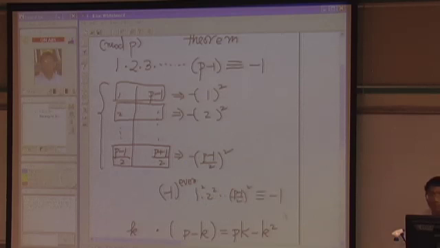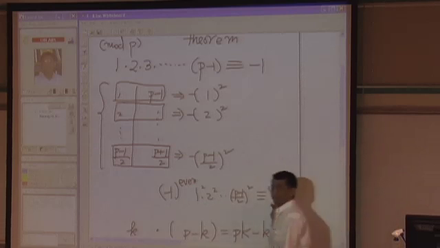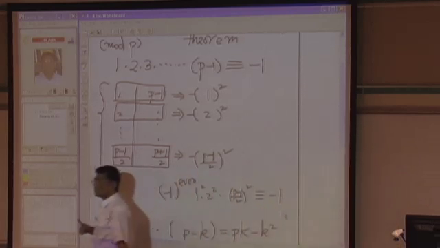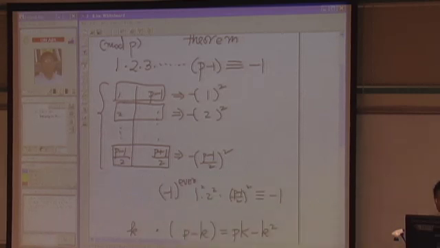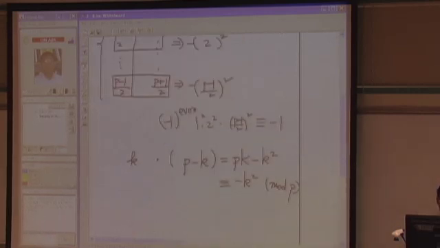and the right side is 1 by Wilson's theorem. Right? So after this, we can get rid of negative 1 to the even power. Negative 1 to the even power is 1, right? And then we can rewrite it using 1, 2, up to p minus 1 over 2 squared.